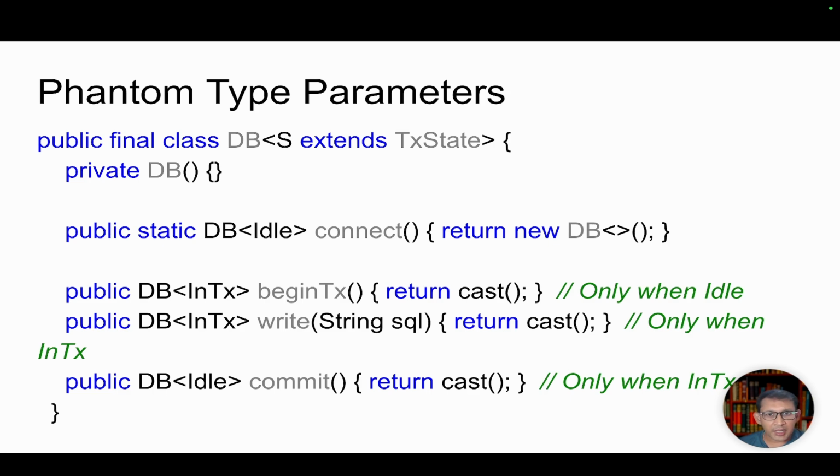This casting might seem dangerous, but it's actually safe by construction. We've designed the API so that the only way to get a DB in transaction is by calling begin transaction on a DB idle. And the only way to get back to DB idle is by calling commit or rollback. The casts simply reflect state transitions that we've already guaranteed are valid.